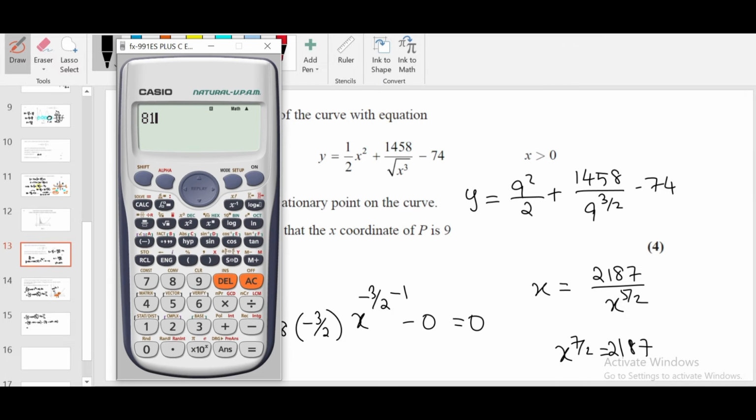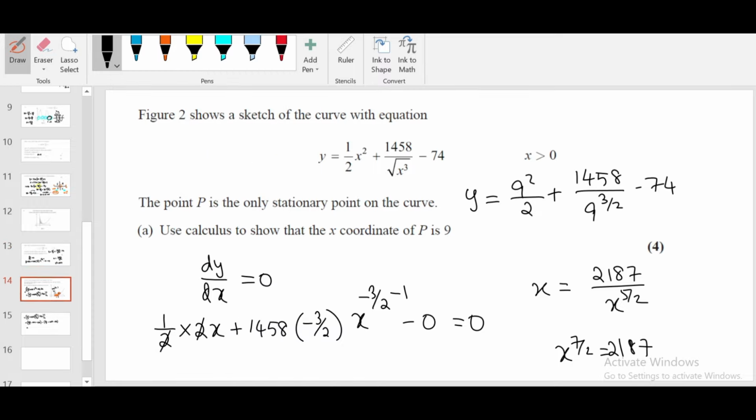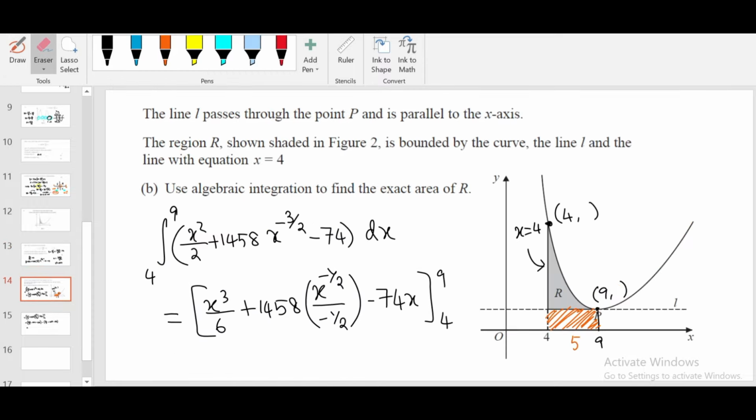9 square, 81 over 2, plus 1458 divided by 9 power 3 by 2. 9 is 3 square, 2 cancel, 3 cube is 27, minus 74. We got 41 over 2. So back to this figure, the y coordinate of point P is 41 over 2.